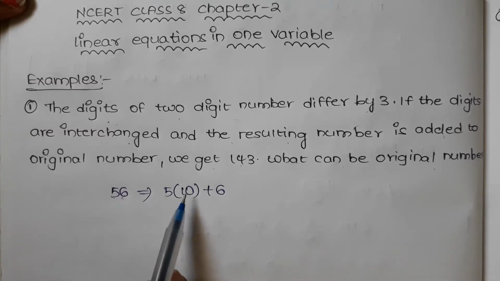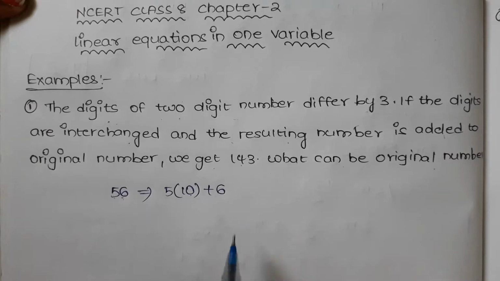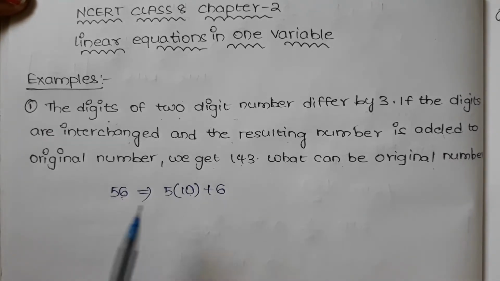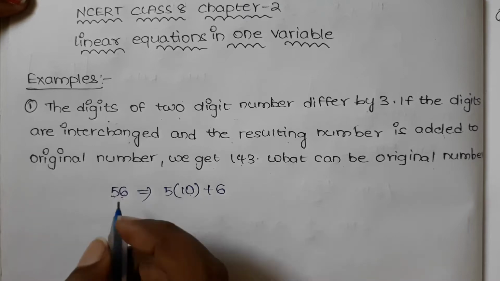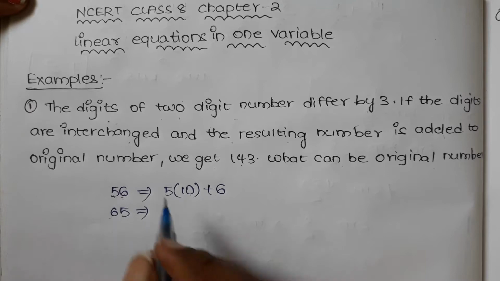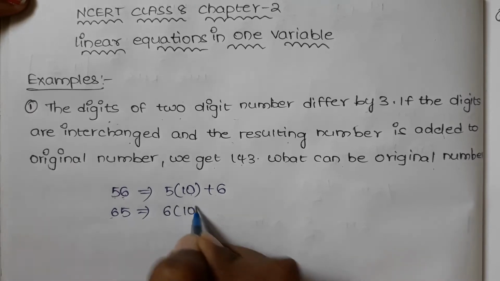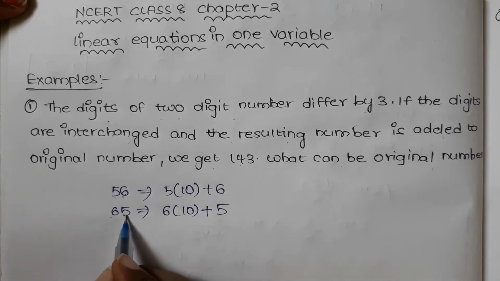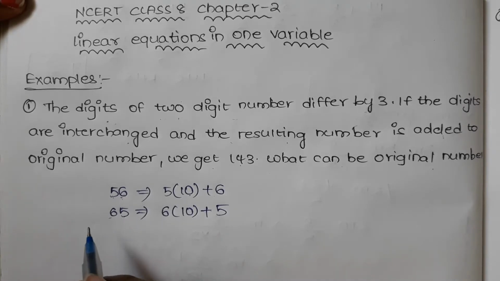That's why 5 into 10 plus 6 equals 56. Now when we interchange this, we get 65, and it can be written as 6 into 10 plus 5. Here 5 is the units place and 6 is the tens place.